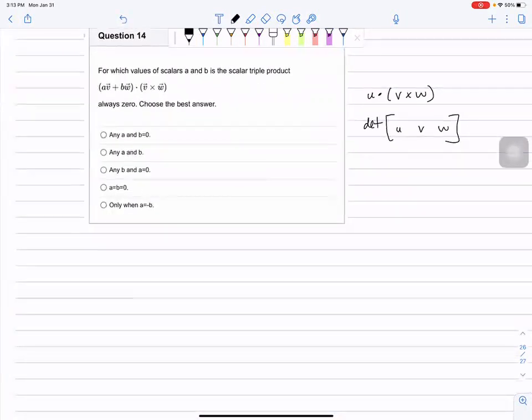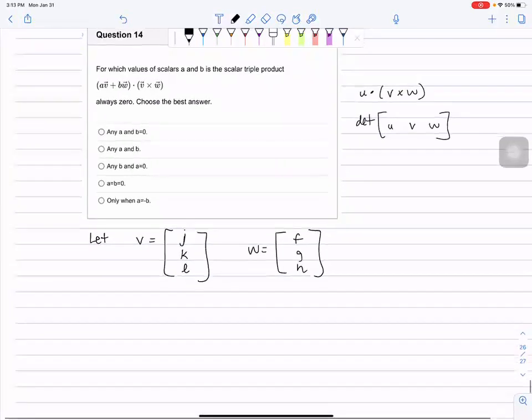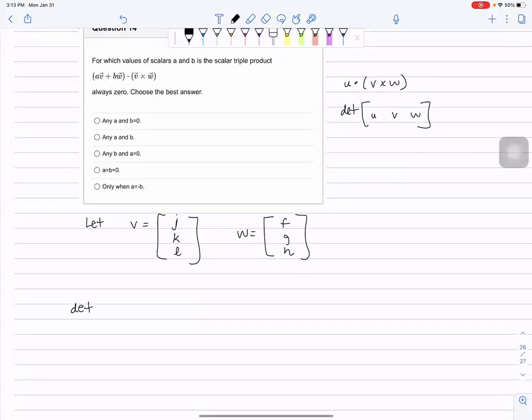Let's visualize it more. Let V equal J, K, L, and W equal F, G, H. We want to find the determinant, where U is A times V plus B times W. So I multiply A times each component in V plus B times the component in W. We get AK plus BG, AL plus BH.